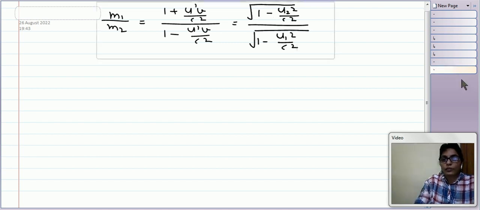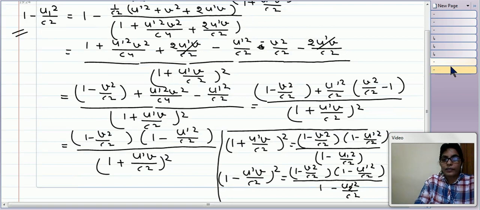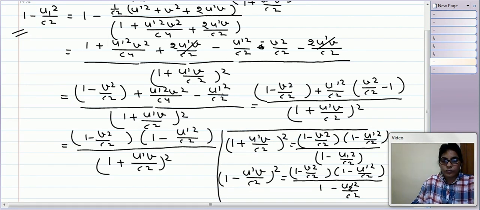Now again go to the previous page, and here we can see that we have derived this equation, and then I have written this equation on a similar basis. We can write this equation because when we choose u2, our u dash will be minus u dash.